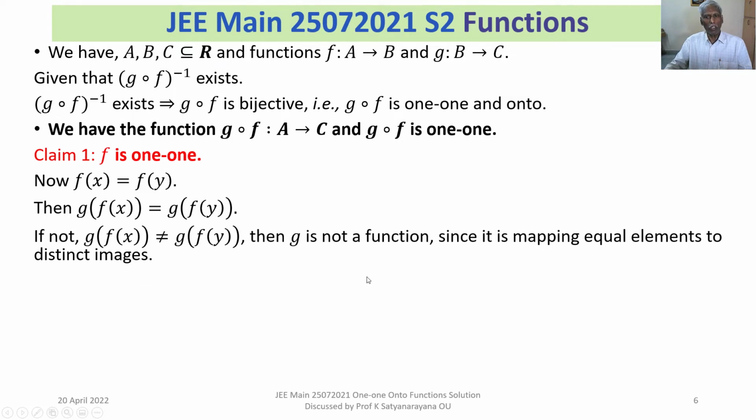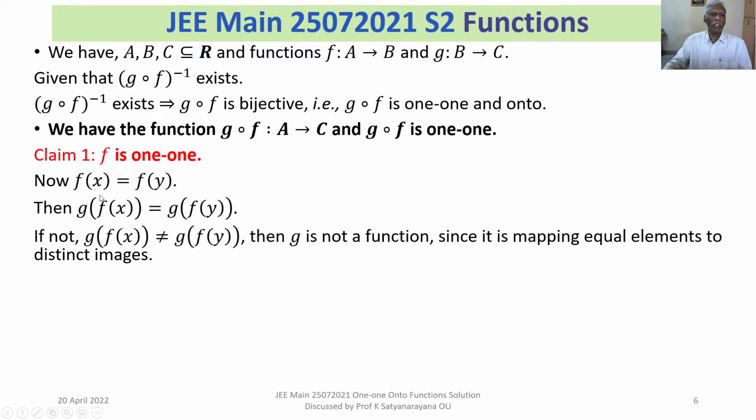That means two equal elements are mapped to two distinct images. So, g is not a function. Therefore, g(f(x)) not equal to g(f(y)) is not true. Therefore, g(f(x)) is equal to g(f(y)).